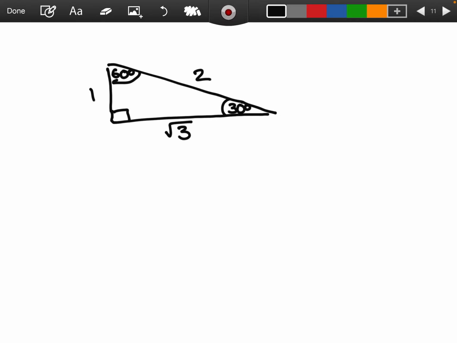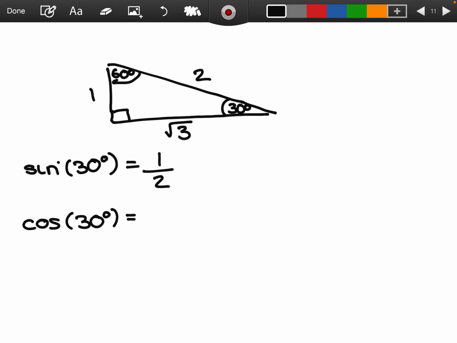Again, the triangle checks out if you were to draw it out with a ruler and a protractor. But what we need to look at now, I'll first look at 30 degrees. So sine of 30 degrees, I do opposite divided by hypotenuse. So the side opposite 30 degrees has length 1, divided by the hypotenuse has length 2. So sine of 30 degrees is 1/2.